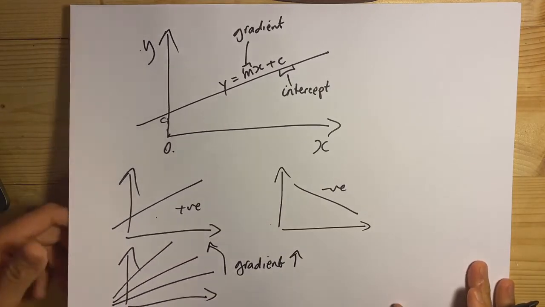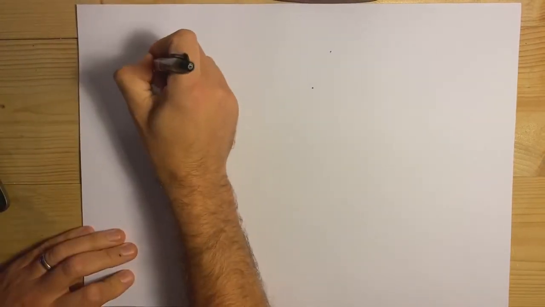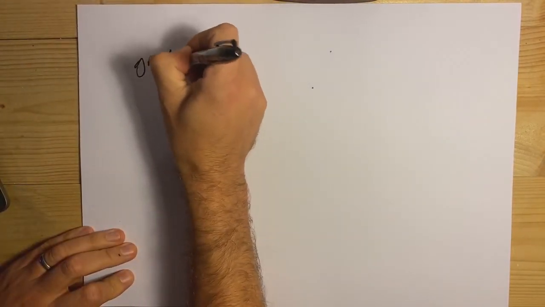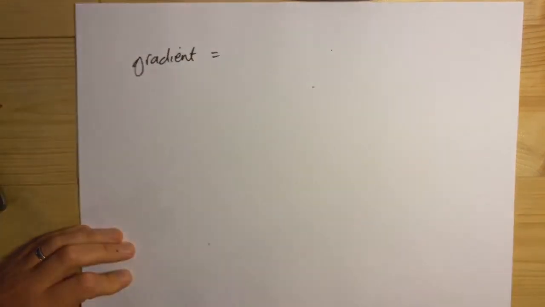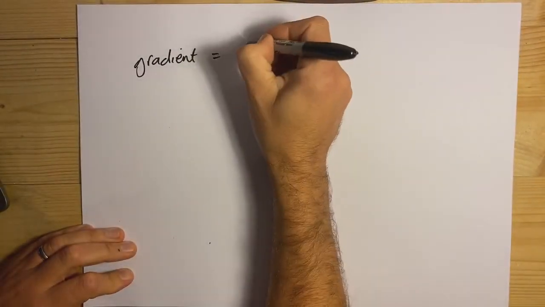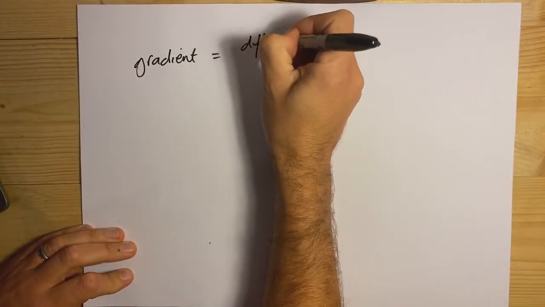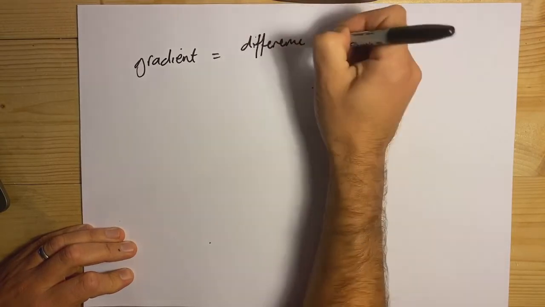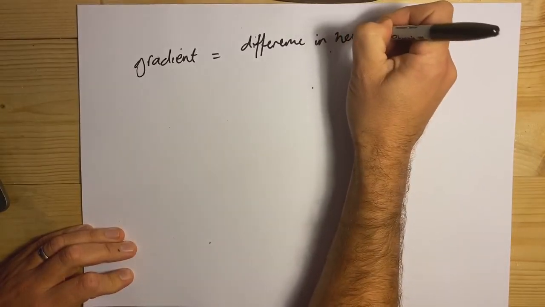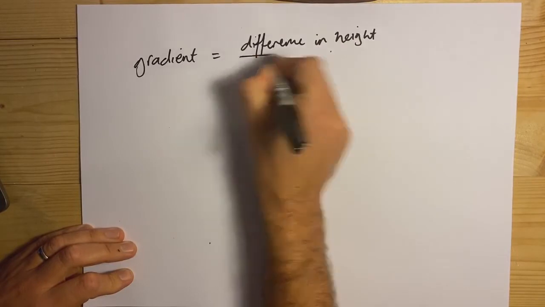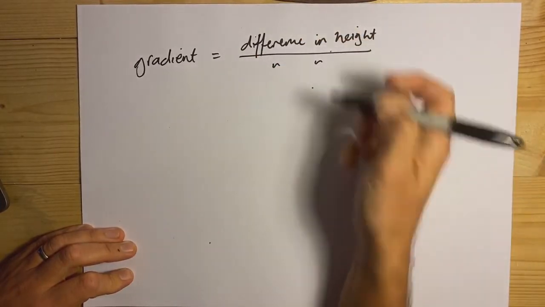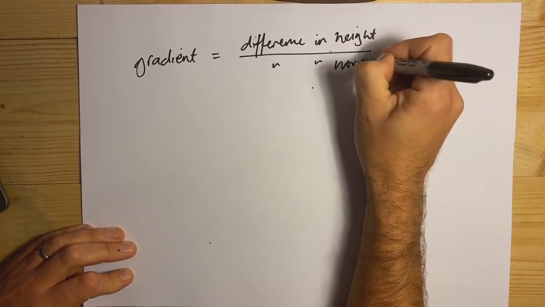Okay, how would we calculate the gradient? The gradient is the same way we would calculate the slope of a hill or something like that. So it's the difference in height for the difference in horizontal distance.